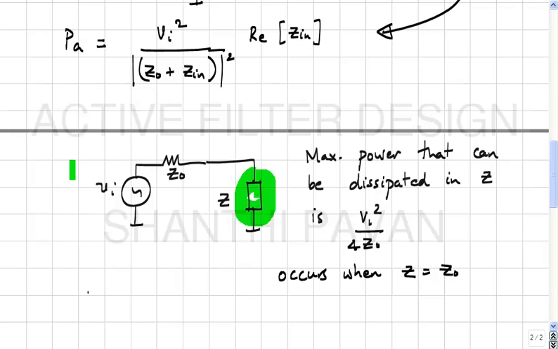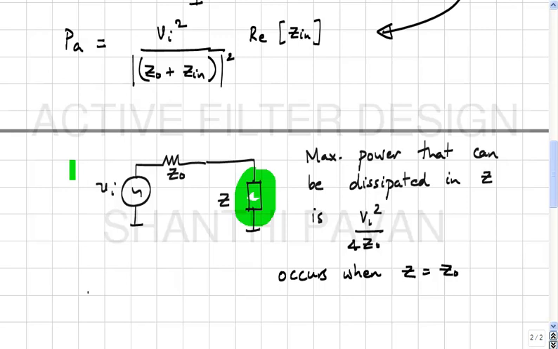If I put some random impedance there and find the power dissipated in it, we should be able to relate the difference between the maximum power and the actual power to the deviation of Z from Z0.